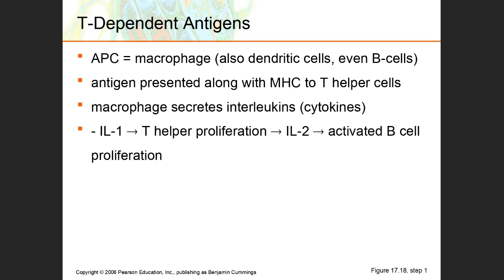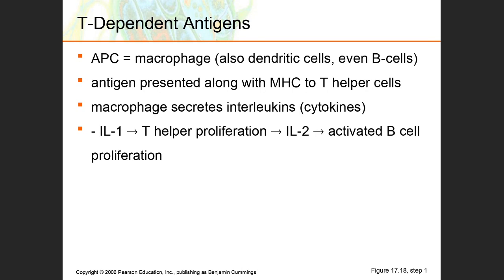And if we use military terms, you can think of the APC not as an armored personnel carrier, but the APC is performing reconnaissance. It's gathering intel. And it takes that intel to headquarters, to the general, which is the helper T cell.